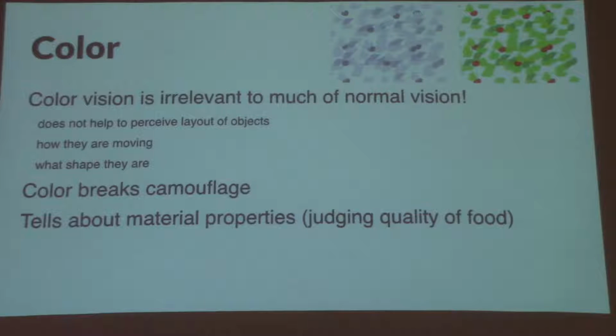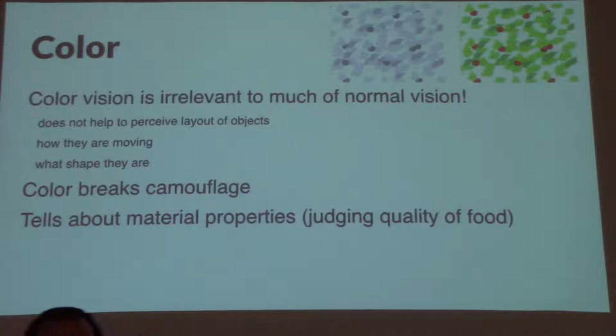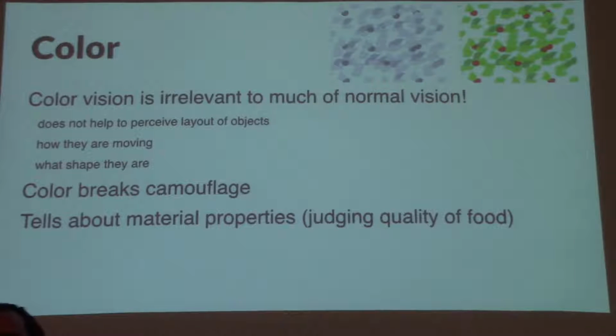The interesting thing is, though, that color breaks camouflage, and that's probably one of the evolutionary reasons why we can see color. In the black and white picture, we couldn't see the red cherries, but here we can easily spot them. It also tells us about material properties, and one theory for why color vision developed is that we can judge the quality of food. We can see if some apple is rotten or not using our color vision.